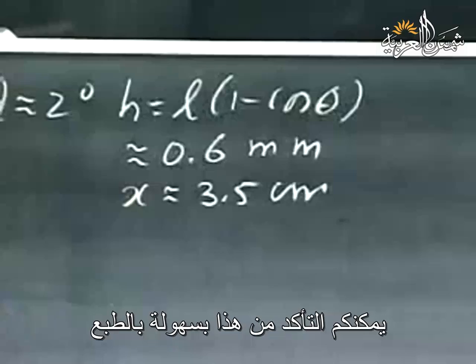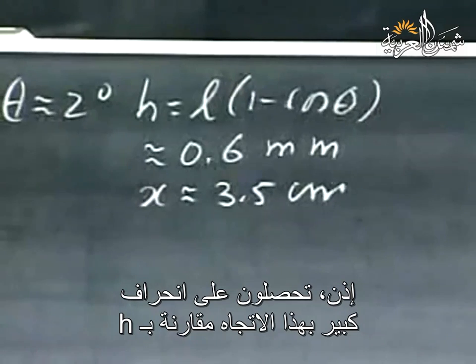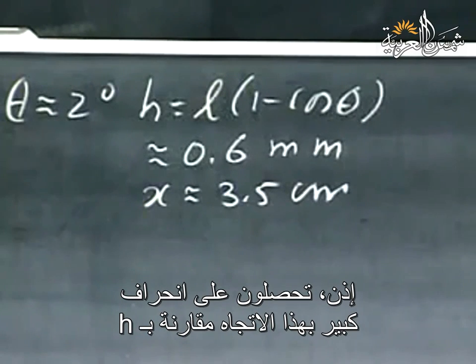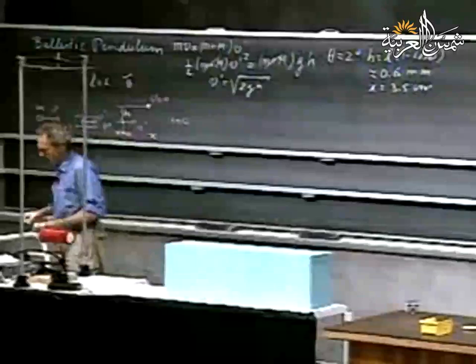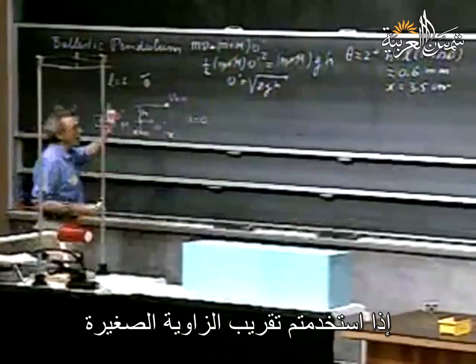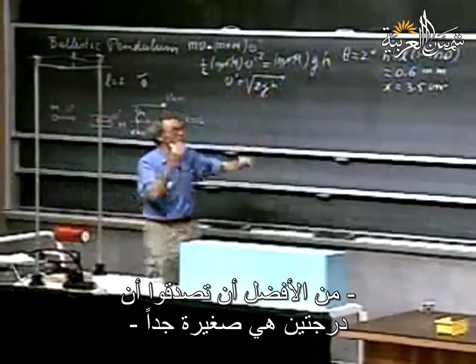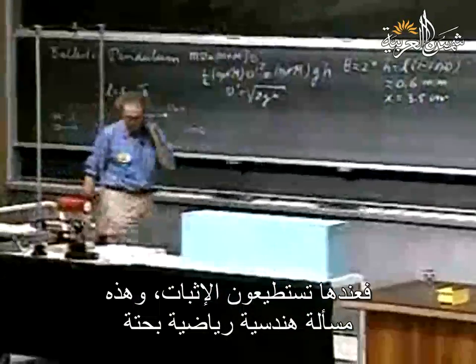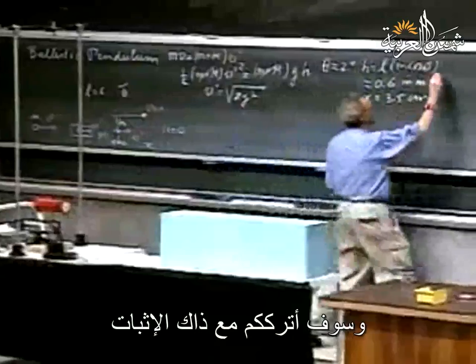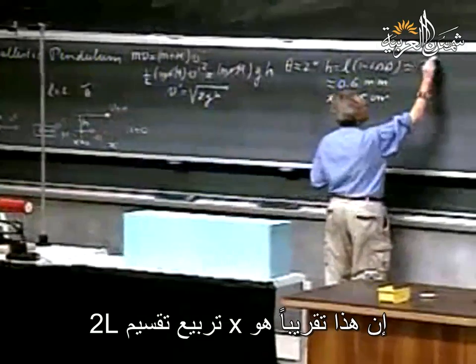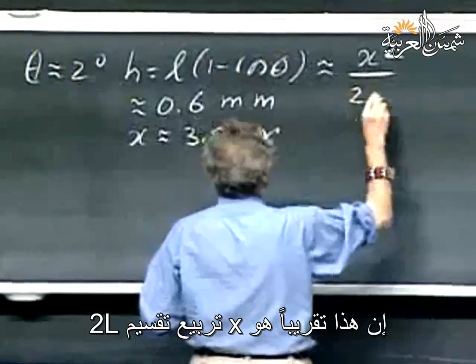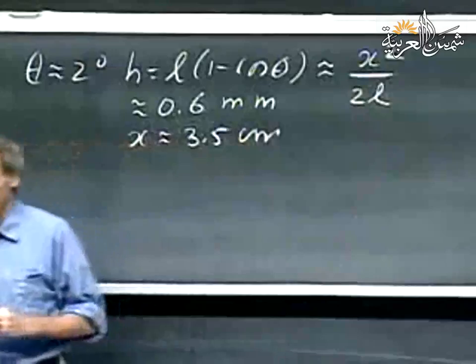Can easily be checked by you, of course. So you get a huge displacement in this direction compared to h. If you use small angle approximation, and you better believe it, 2 degrees is very small, then you can prove, which is purely geometrical mathematics, and I leave you with that proof, that h is approximately x squared divided by 2L.